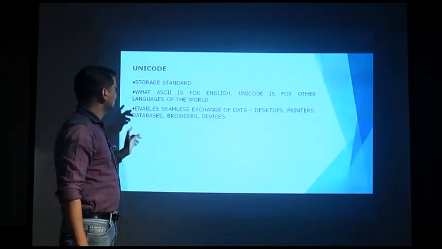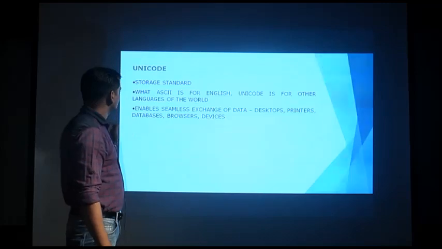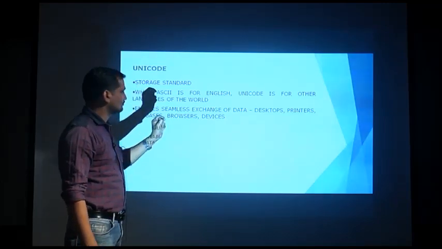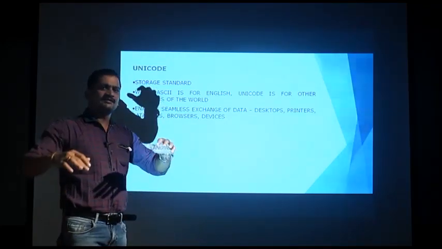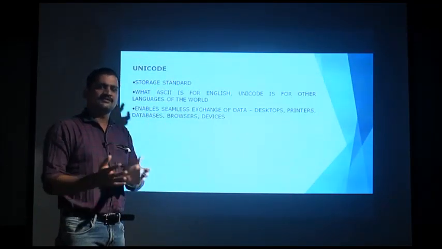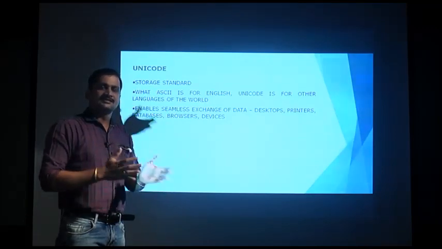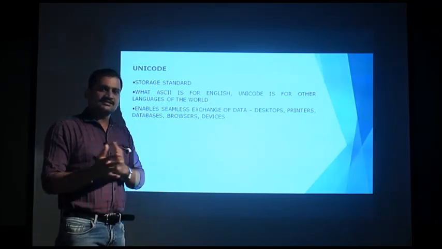It enables seamless exchange of data between desktops, printers, database browsers and devices, because now the internet is used worldwide. People of different languages interact, communicate and share data, so it is vastly required.